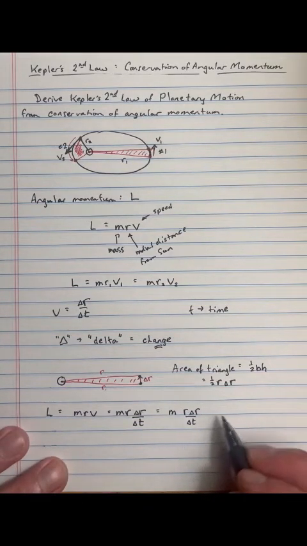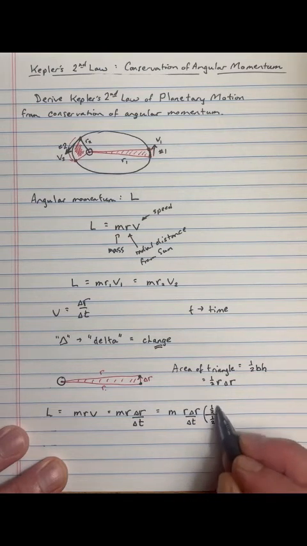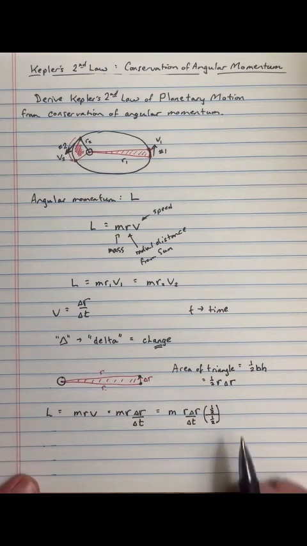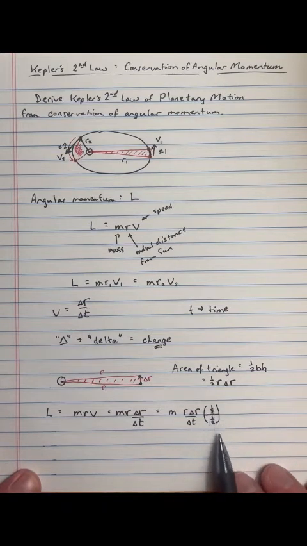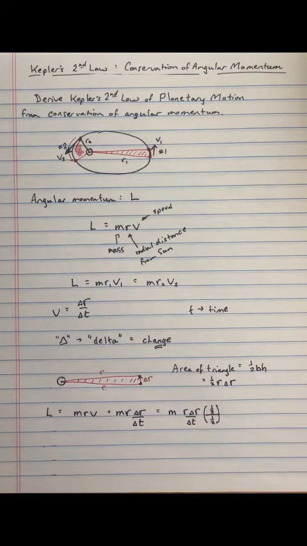Okay, let me do something kind of weird. Let me put some 1/2s in here. If I put a 1/2 on top and divide by 1/2 on the bottom, I haven't changed anything, right? I've made a weird introduction of the number 1/2, but I haven't changed anything because, as we all know, if you divide a number by itself, that equals 1, and the answer is not changed.